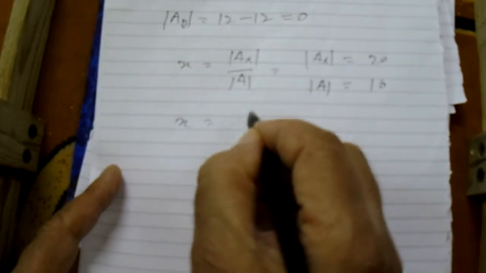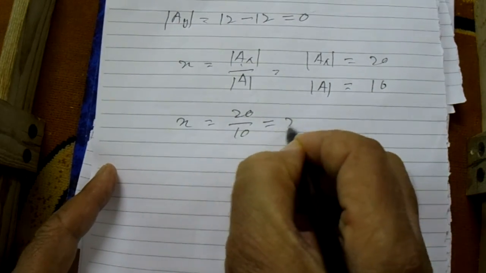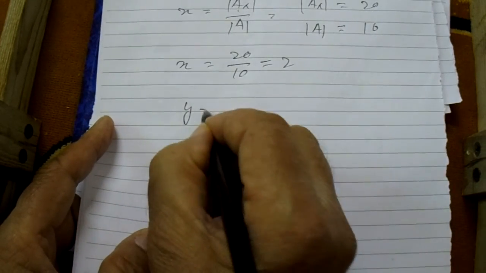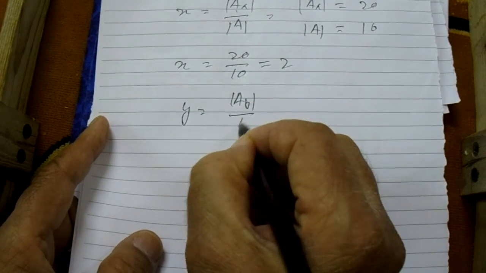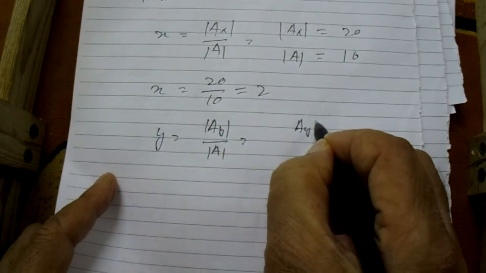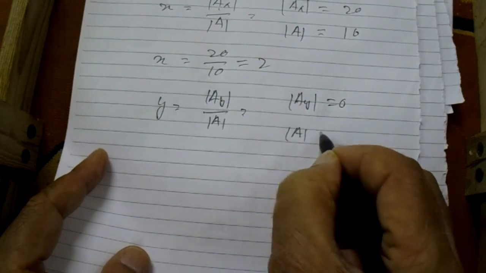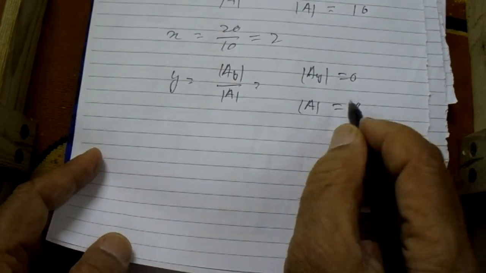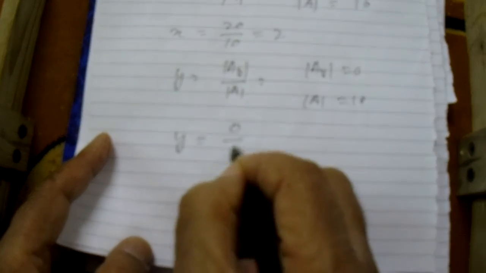X is equal to 20 over 10, which is equal to 2. Now Y is equal to det AY over det A. We have det AY equal to 0, and det A equal to 10. Now we put these values here. Y is equal to 0 over 10.